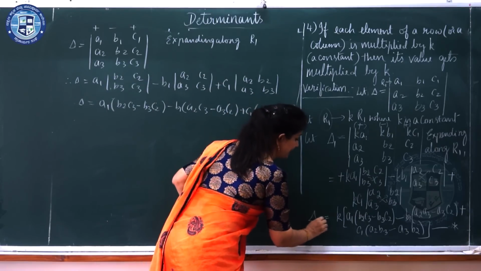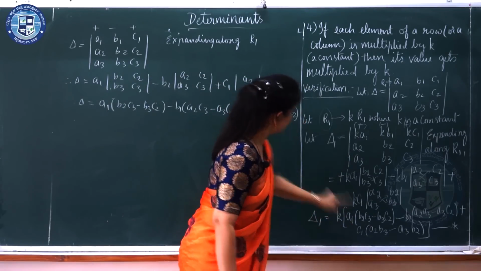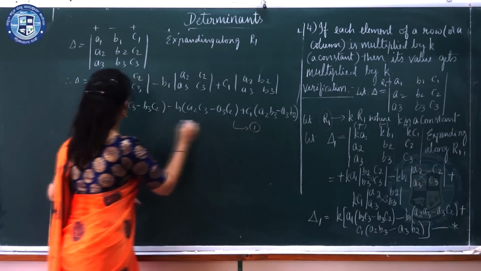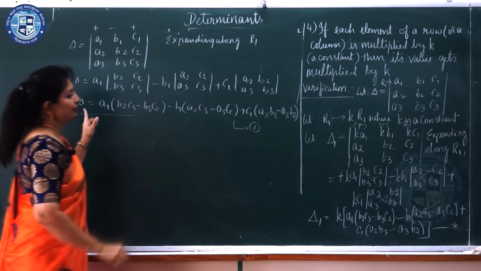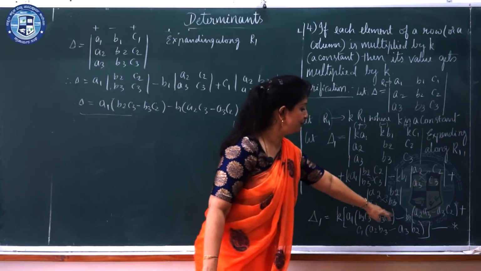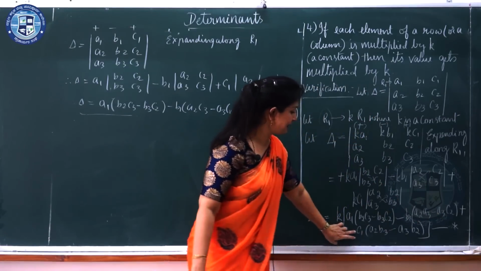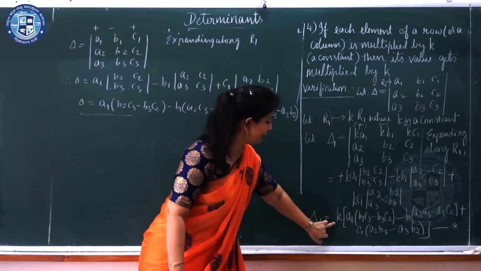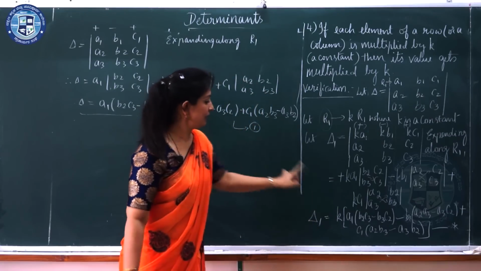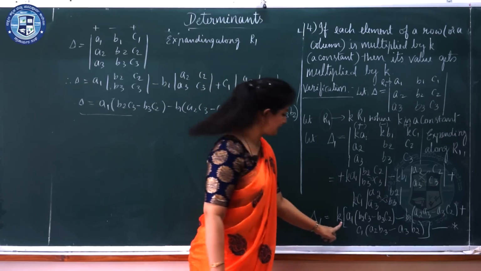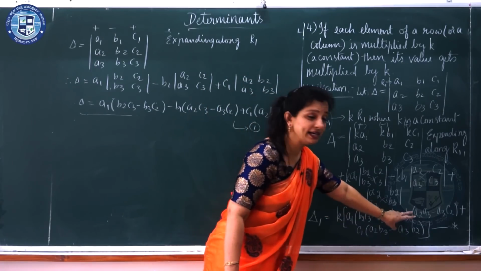So, our delta 1 is K times this, from equation 1. This delta value is nothing but A1 into B2 C3 minus B3 C2, minus B1 into the next factor, plus C1 into the next factor. So from equation 1, we can write this star as delta 1 is equal to K times, what is there in the bracket?